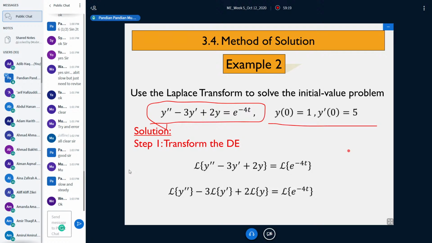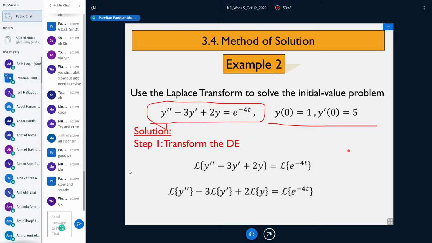That is the major problem with the previous methods, such as undetermined coefficient method, even Wronskian method, also the Euler-Cauchy. So one of the best ways to get rid of finding the C1, C2, especially for the second order, is to use Laplace transform.